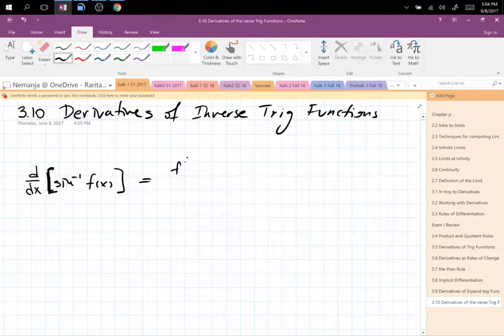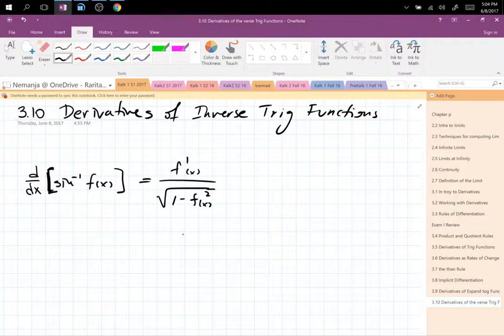And that will be f prime of x divided by the square root of 1 minus f of x squared. So you will take the argument of the sine and then take its derivative and square it for the denominator.